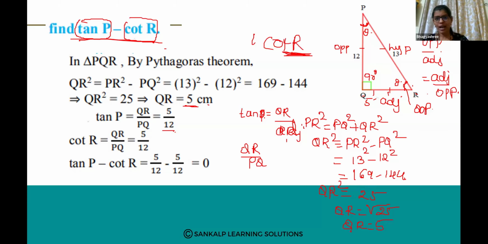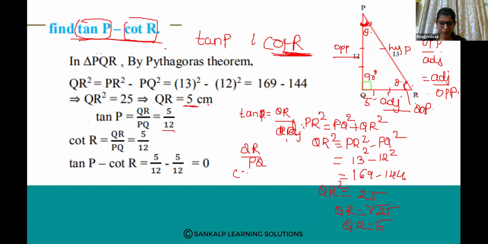Theta is at point R. If they give tan P, theta is at point P. So depending upon the position of theta, we need to take which one is the opposite side and which one is the adjacent side. Now cot R means our theta is at point R. So at point R, the opposite side is PQ and the adjacent side is QR. What is cot theta? Cot theta is adjacent divided by opposite. The adjacent side is QR, so QR divided by PQ, right?